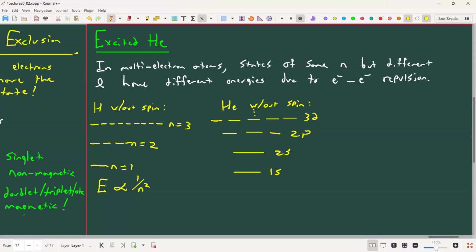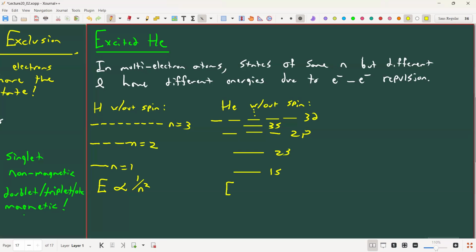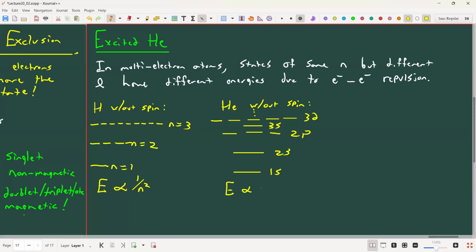The d's form first in the d block, titanium and stuff like that. So everything splits out. There's L dependence for the energies. So energy is dependent on N and L. Some complicated formula, we don't have to worry about it.